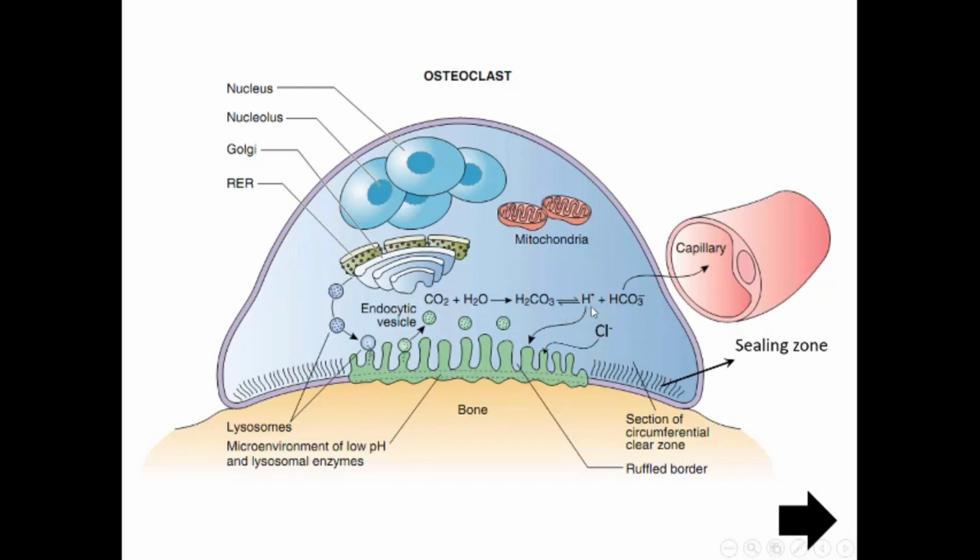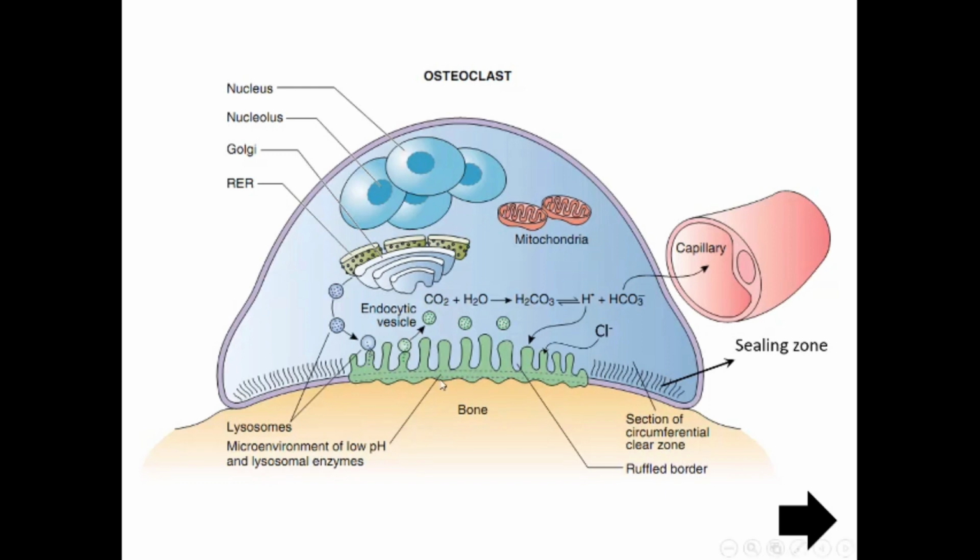Then the cell pumps the proton ions and chloride ions into the subcellular pocket, the subcellular microenvironment, and makes HCl, hydrochloric acid. And the acid is a good solution for decalcification. So this acid removes the mineral part of the bone matrix.